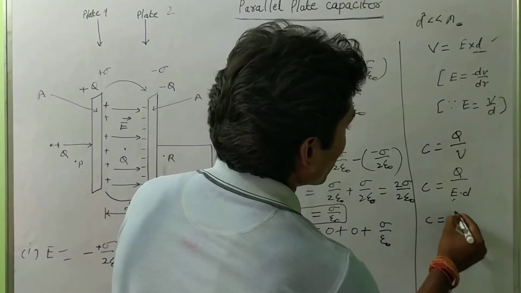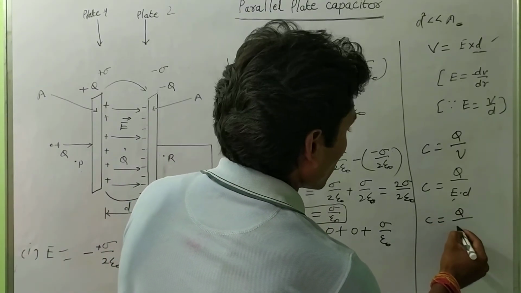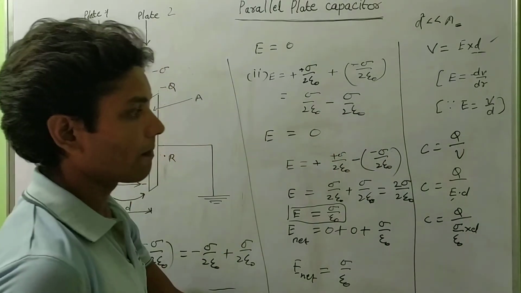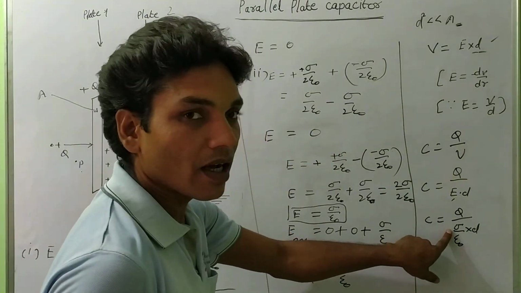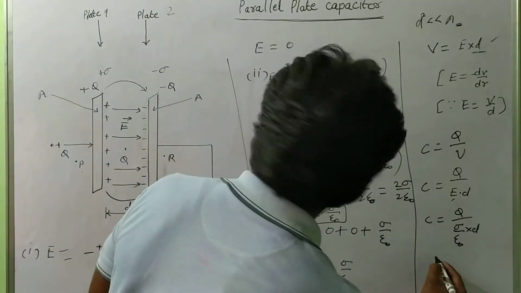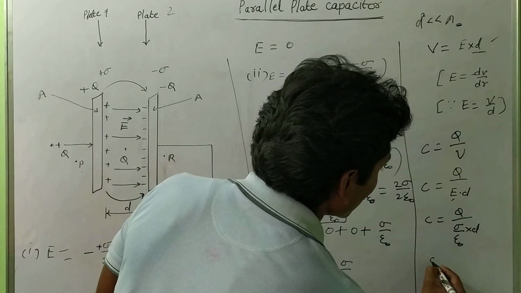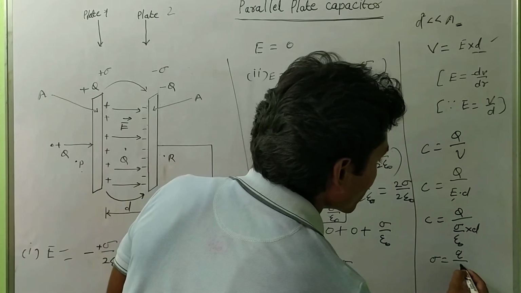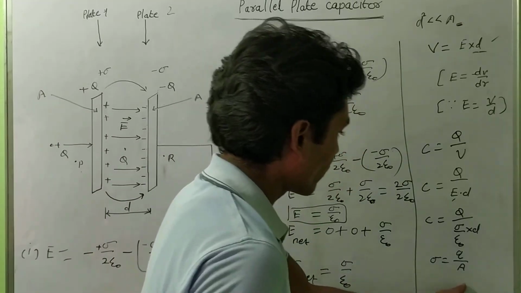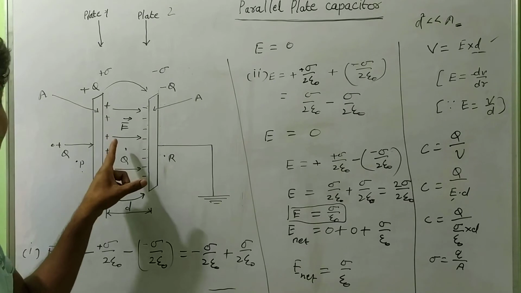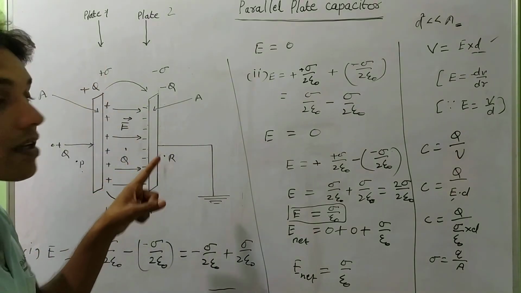So C will be equal to Q upon sigma upon epsilon naught into D. But what is sigma? Surface charge density, which is the charge per unit surface, where A is the area of each plate, each conductor.